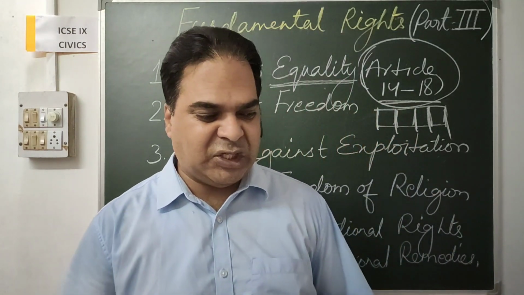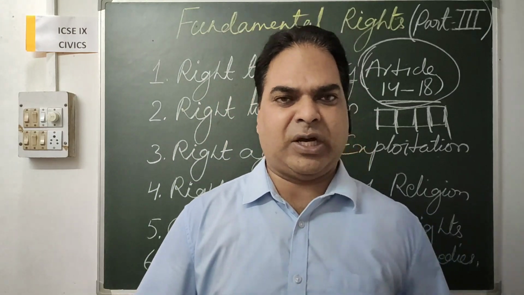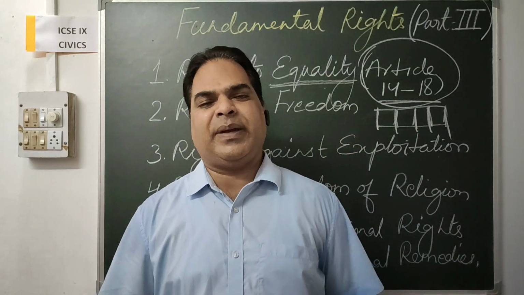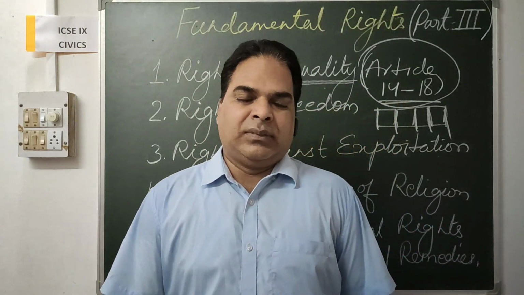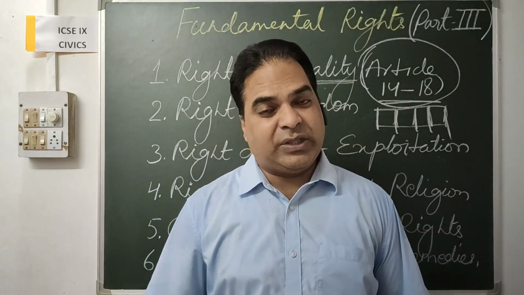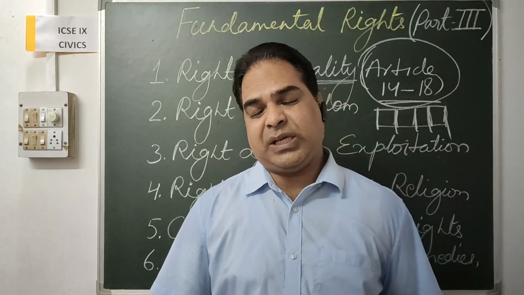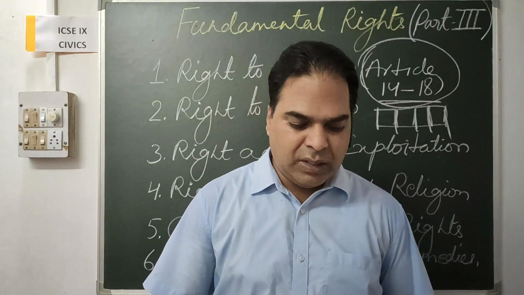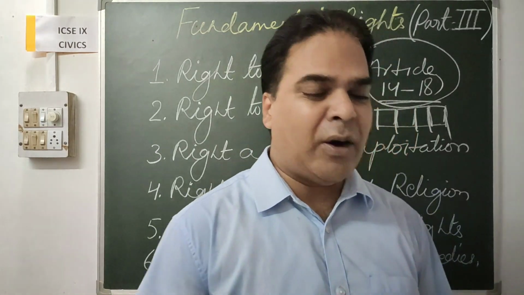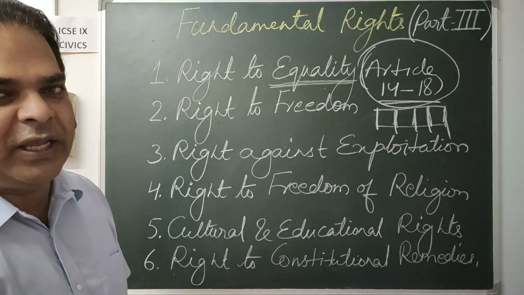Academic distinction and military honors, as I told you, like Param Vir Chakra, are allowed. Apart from that, nothing is allowed which can make people feel inferior or unequal. So that is all about the right to equality.